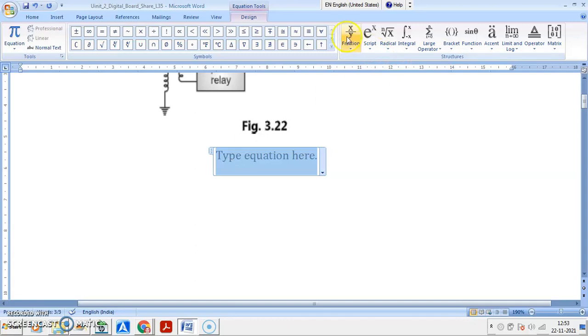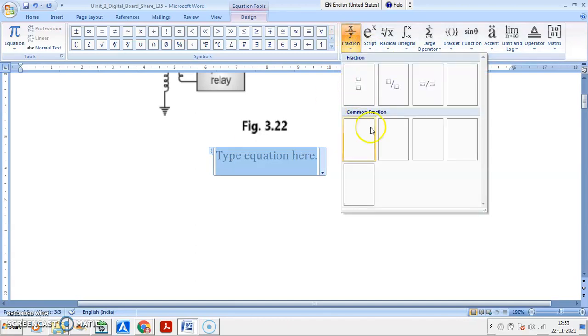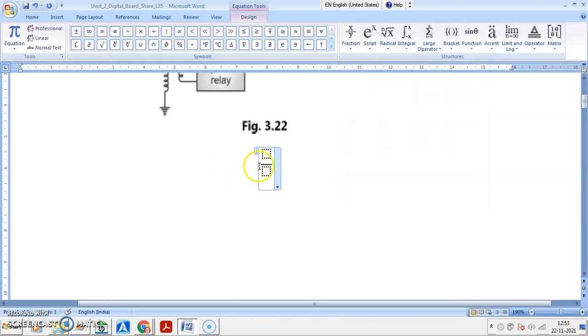impedance, that is impedance V by I. That is equal to Z, impedance. Okay?